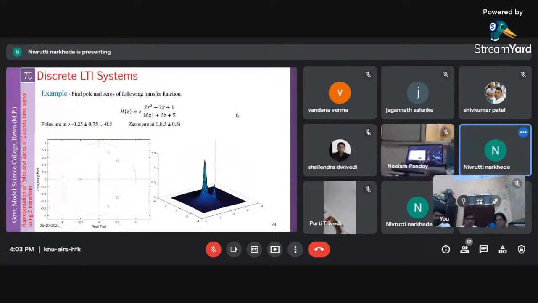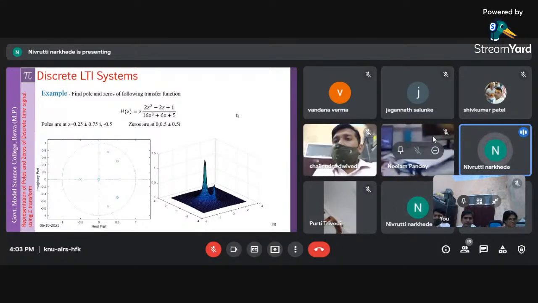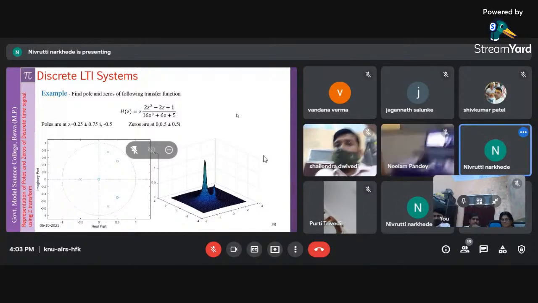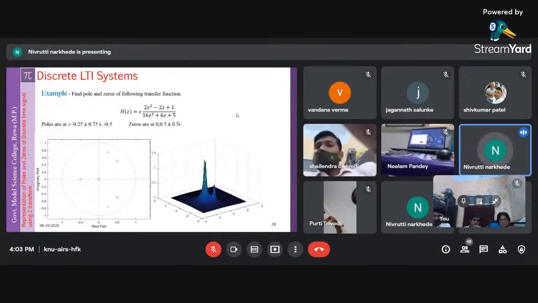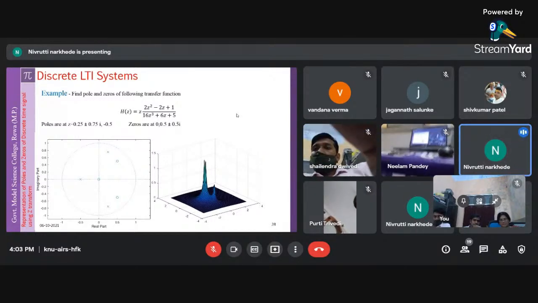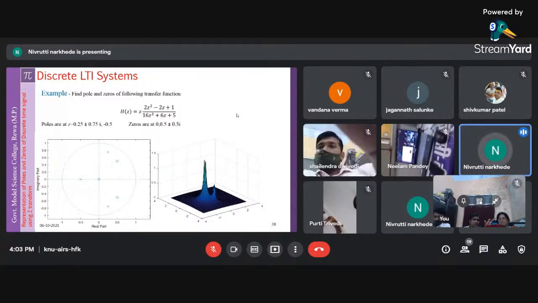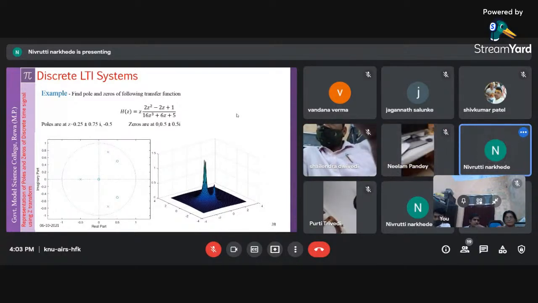Solving the difference equations and taking the ratio of the output to the input, the mathematical expression is H(z) equal to z times (2z squared minus 2z plus 1) over (16z cubed plus 6z plus 5). I have taken this just as an example for you.